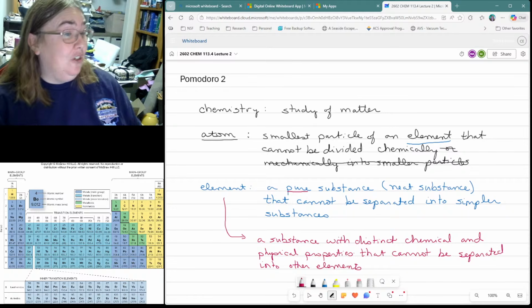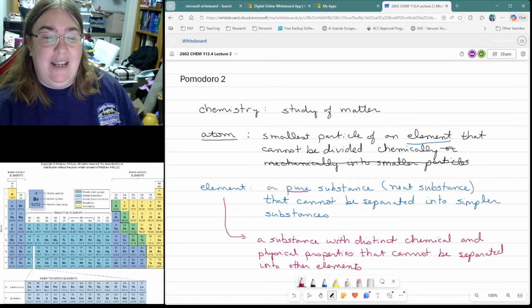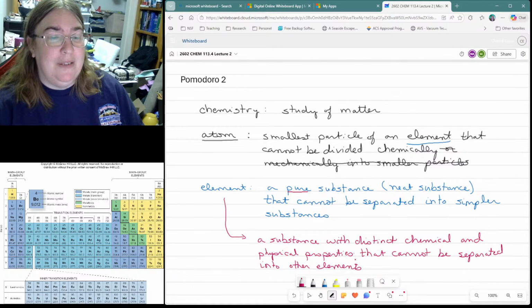Now, that looks circular. I'm saying it cannot be separated into other elements.